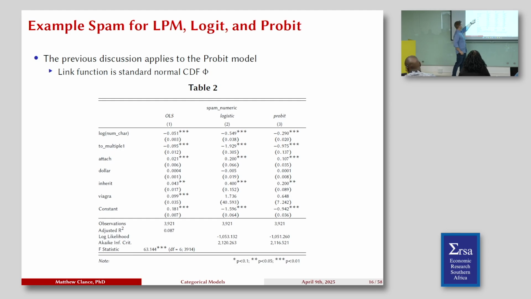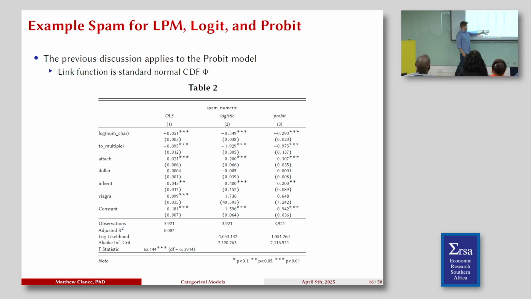In this case, I used the log of the number of characters. Basically, it's a dummy variable if it's to multiple people, not just me, but multiple. How many? If it has an attachment or not, dollar signs or not, whether it's telling me I inherit something, and then Viagra in there.